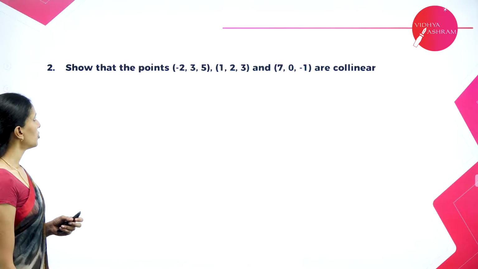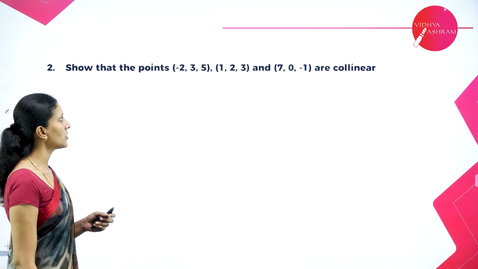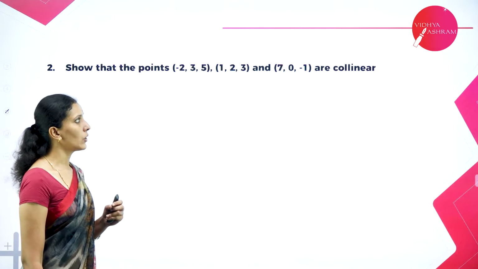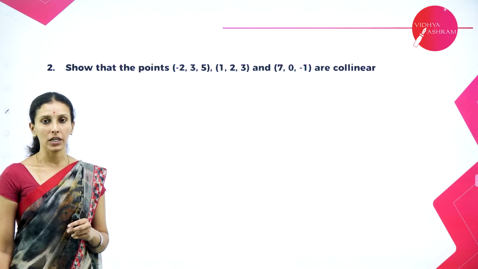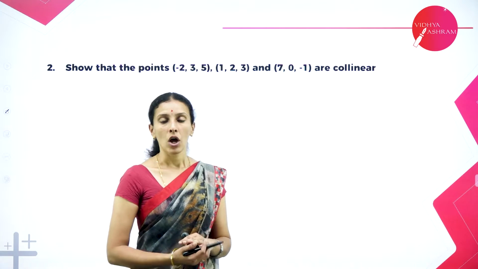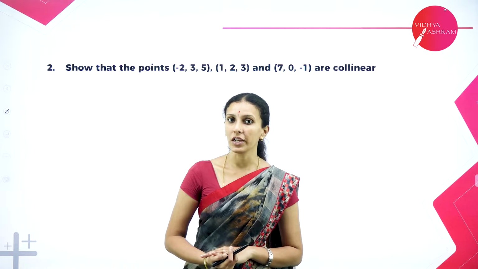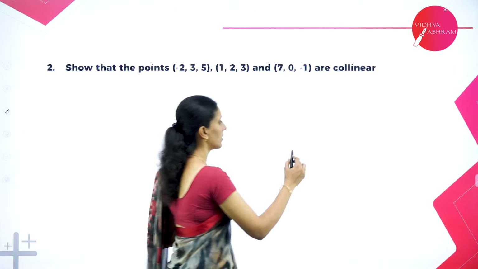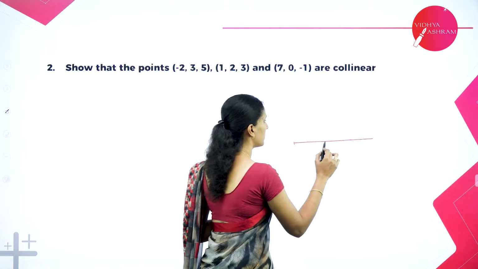Next question. Show that the points minus 2, 3, 5, 1, 2, 3 and 7, 0, minus 1 are collinear. We have to show that these 3 points are collinear. How to show that they are collinear? Suppose we have any 3 points on the same straight line.